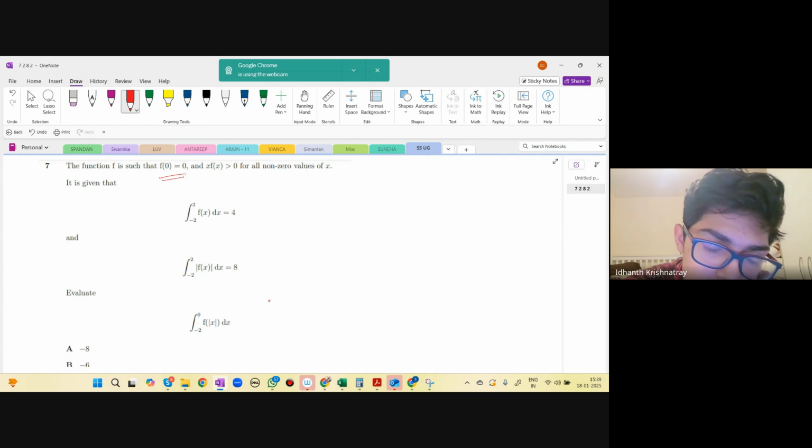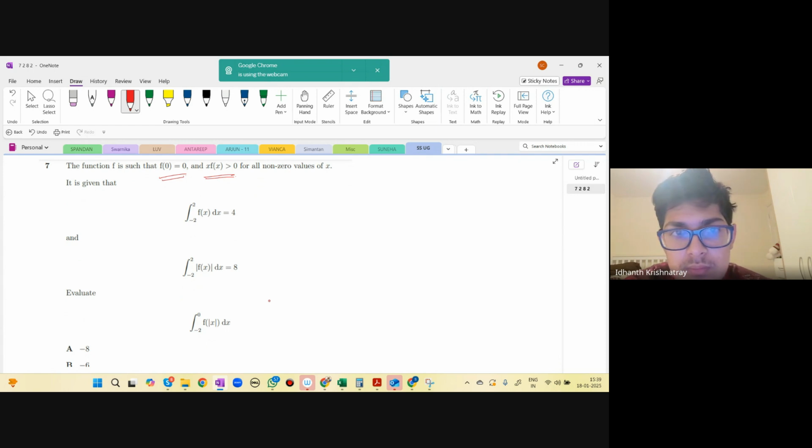f0 is 0, right? And x f(x) is greater than 0 for all non-zero values of x. Given that this integral is 4 and this integral is 8, we need this integral from minus 2 to 0.